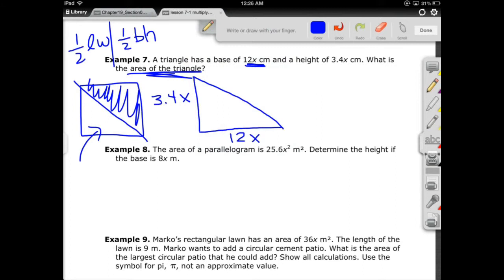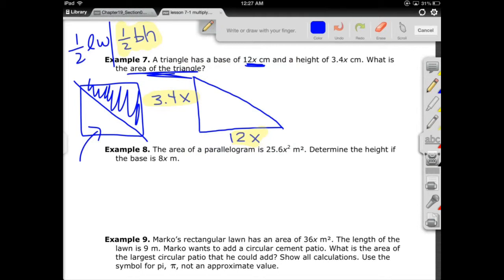Okay, so if this, let's grab our highlighter, if this is our base and this is our height, we have to multiply them, and then just because it's divided by 2, it's half of a rectangle. Well, I can do that. Even though I don't know what the final answer is, I can still do the math for this.